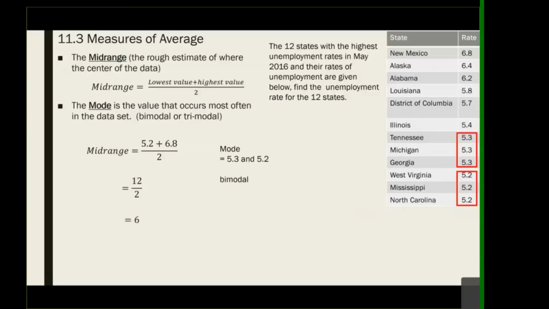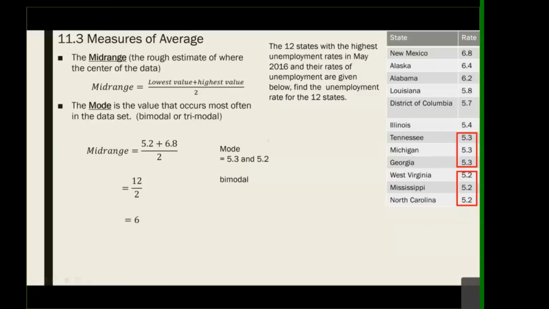So this is a little bit unique in that the mode is at the back end, the small values. But for instance, like I mentioned earlier, if 5.4 were to change to 5.3, then you would have 4 data of 5.3, and 5.3 would be the mode. Then there would be only 1 mode.